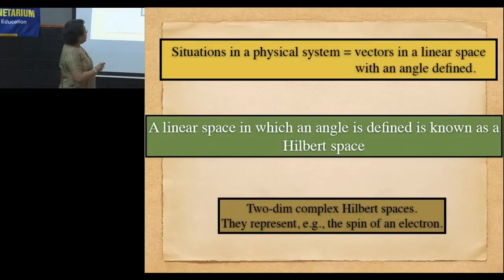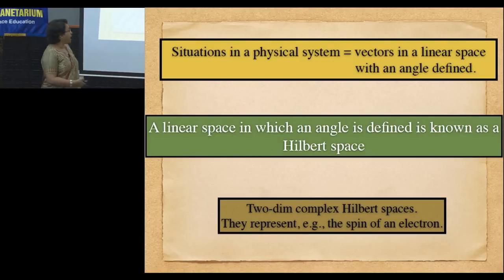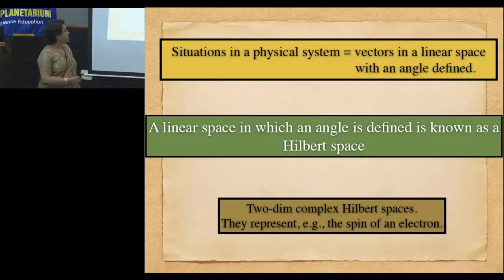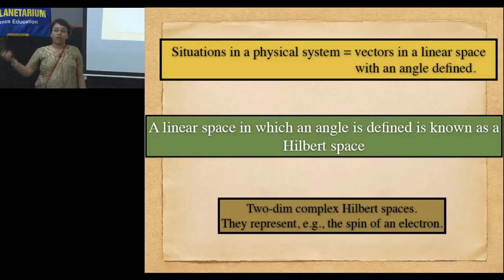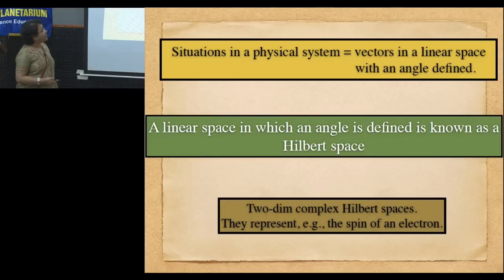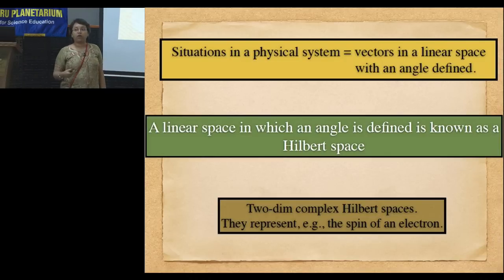So we can think of the two-dimensional complex Hilbert space, and if I want to represent the spin of an electron, that will be a vector, an element of the complex Hilbert space. So this is one thing I require, and that actually helps me build the basic unit of a quantum computer.